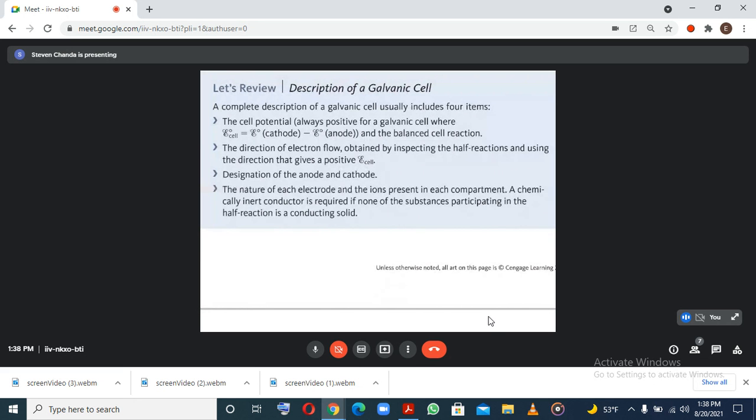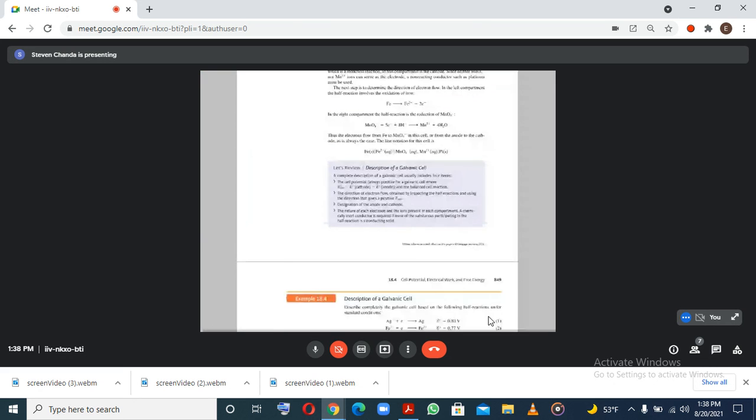Then you have to designate the anode and the cathode. Then the nature of each electrode and the ions present in each compartment. A chemically inert conductor is required if none of the substances participating in the half reaction is a conducting solid. So those are things that we've pretty much exhausted there.